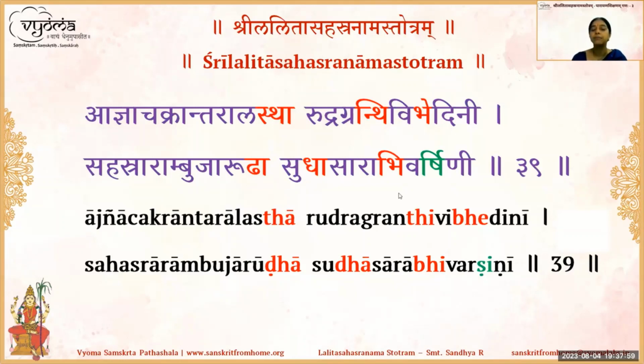In Sudha Sarabhi, Dha is a Mahaprana, and in Sarabhi, Bha is a Mahaprana. In Varshini, Sha is Shanmukha Sha. Saishruti, can you increase the volume? It's very feeble actually.